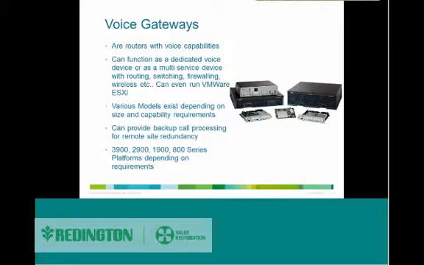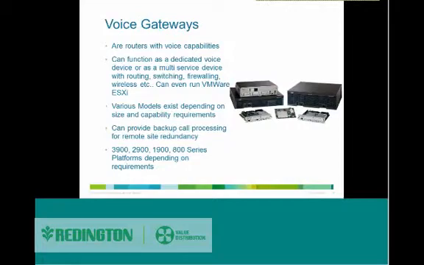These voice gateways function as a dedicated voice device or a multi-service device with routing, switching, firewalling, and wireless. These can even run VMware on the router, because the ISR G2 series supports servers on the router, express servers.